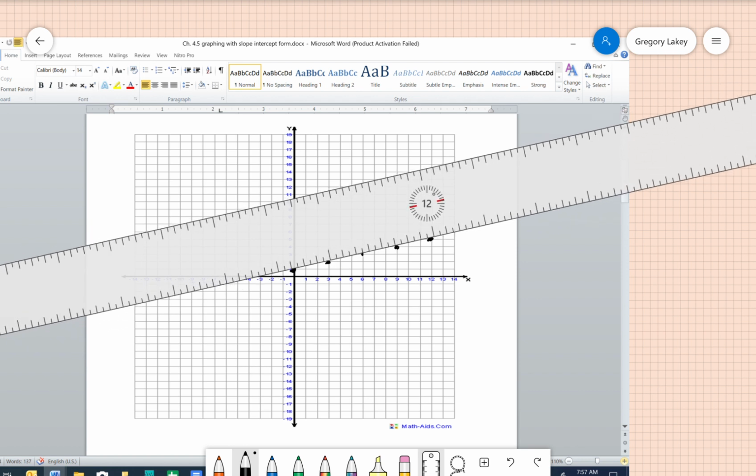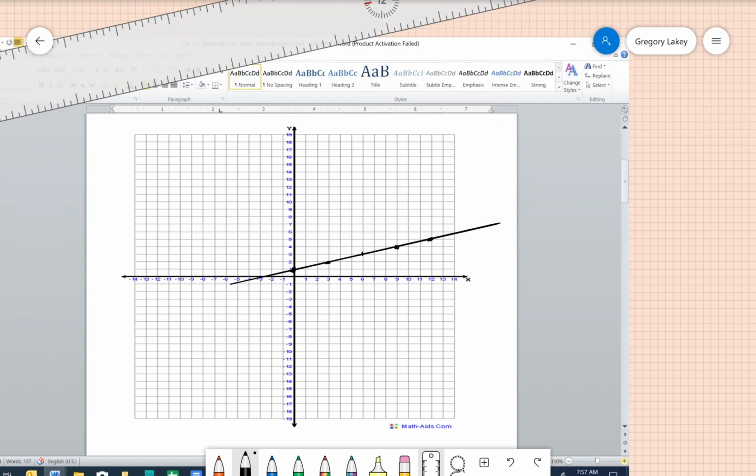And then hopefully, there you go. Have something that looks like this, and then make sure you label it with your equation.